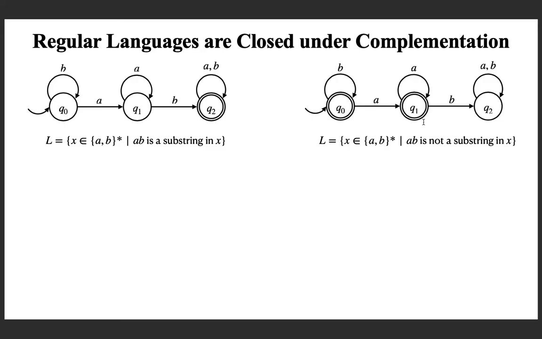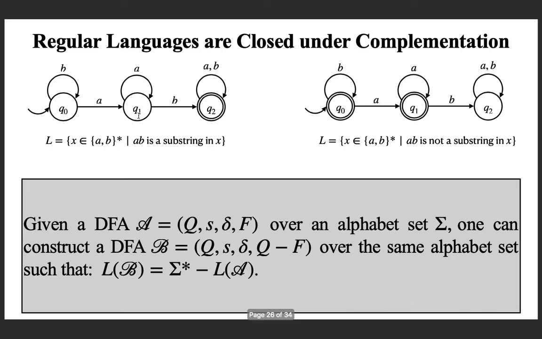So it happened to be a DFA accepting the complement of this language, and this is in fact true. So given a DFA, you can obtain the complemented DFA by making all final states non-final and all non-final states final. Okay, so we can now formalize.